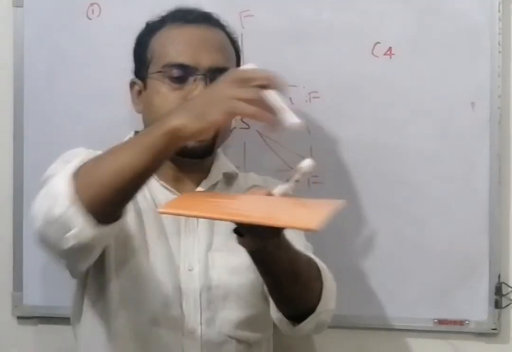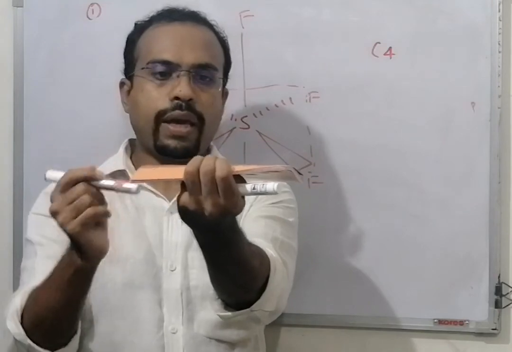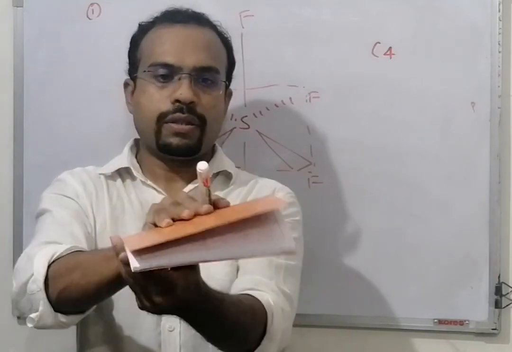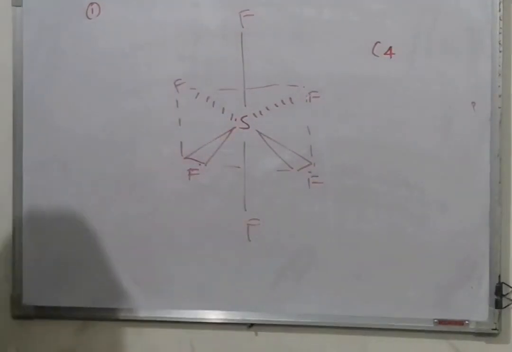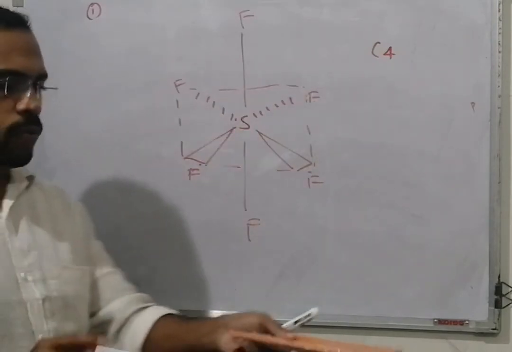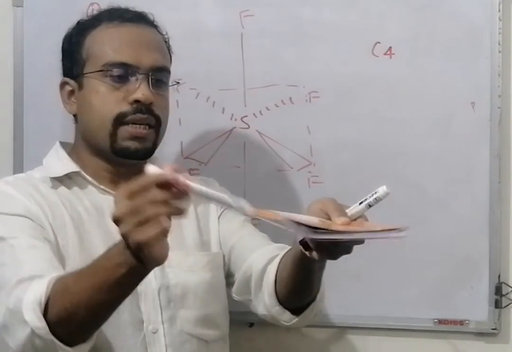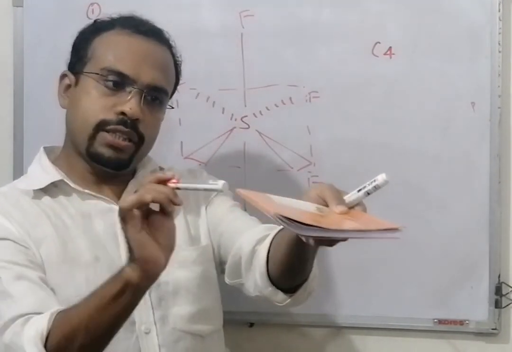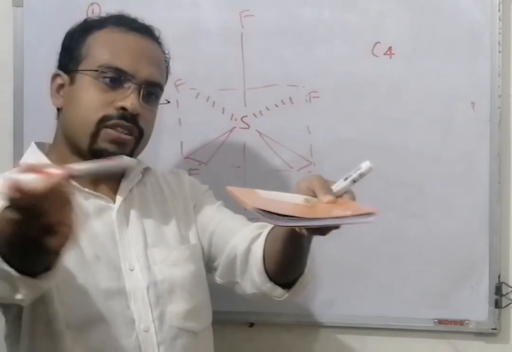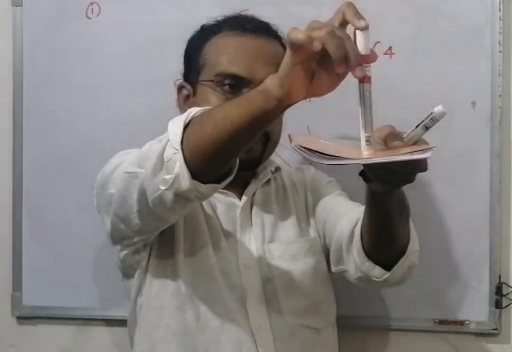Students, imagine F, F, F. One C2, I have one C2 here. I just rotate. Okay? Another C2 like this. Fine? Now you have a third C2 like this. One is this, second C2 this, third C2 this, fourth C2 this. Once again, your C4 is like this.